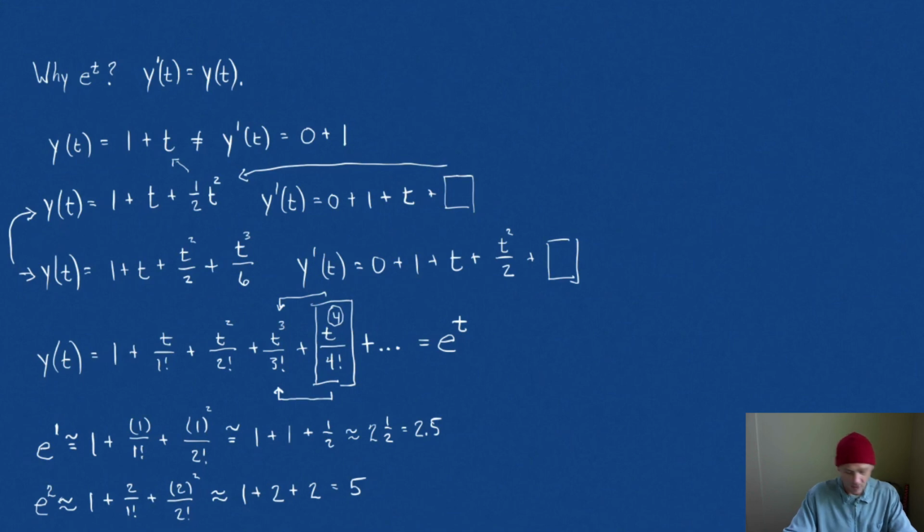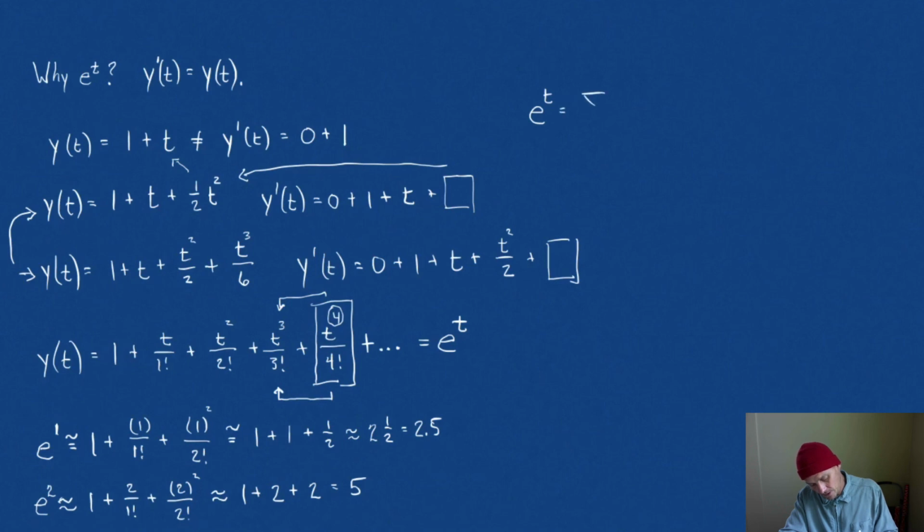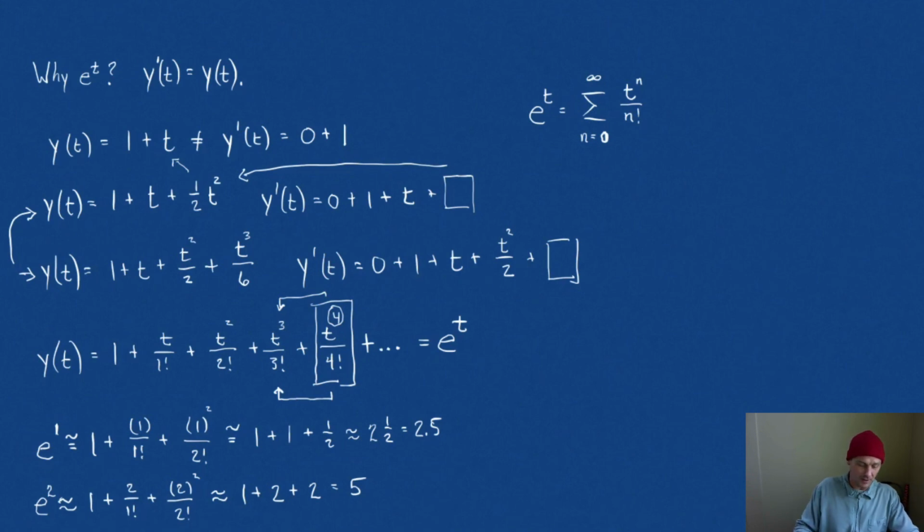And we write this as e to the t is equal to the summation as n goes from, let's go from 0 to infinity of t to the n over n factorial. And that is how e can be written as an infinite series or a never-ending polynomial.